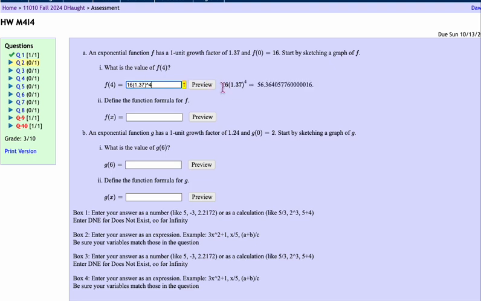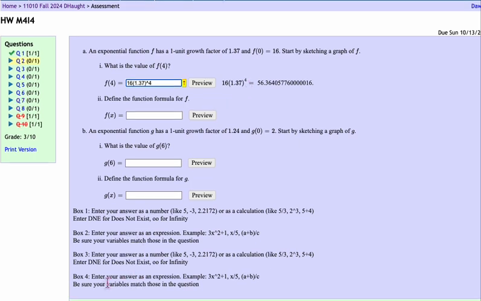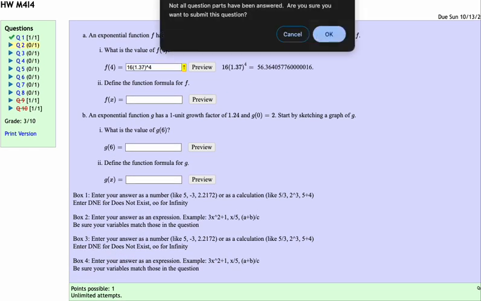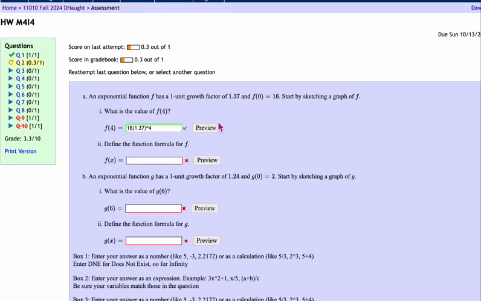Okay, so let's go over that. That's the starting value, 16. The growth factor is 1.37. I am inputting 4, so 4 units later. So I think that should be okay for there. So the function is 16, your starting value, if your starting value is different than mine, or my growth rate, 1.37, to a power of x.